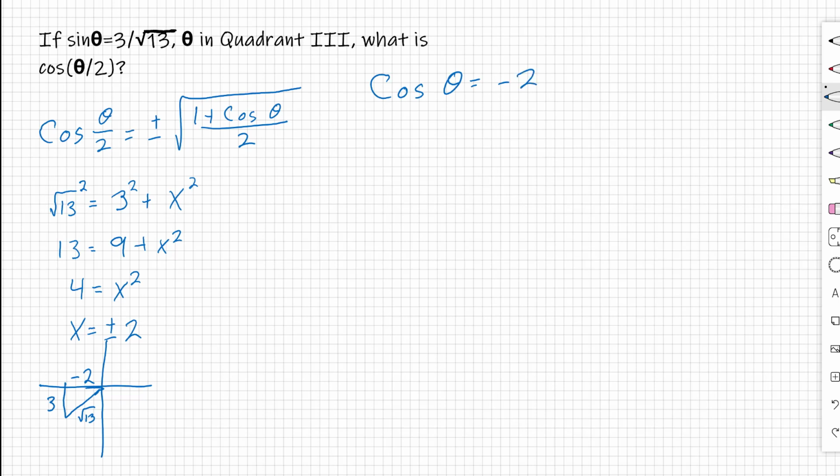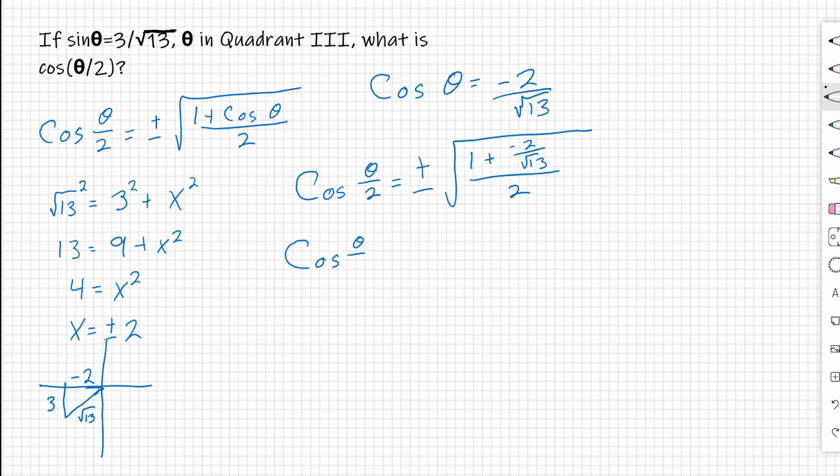I'm sorry, negative 2 over the square root of 13. And from there we get cosine of theta over 2 is going to be plus or minus the square root of 1 plus negative 2 over the square root of 13, all divided by 2.